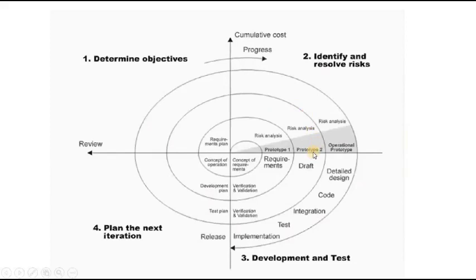Then we fill in prototype 2. Now we are in the second prototype. Now we create a draft, and we also validate and verify the draft. In this method, we can decrease most of the errors.